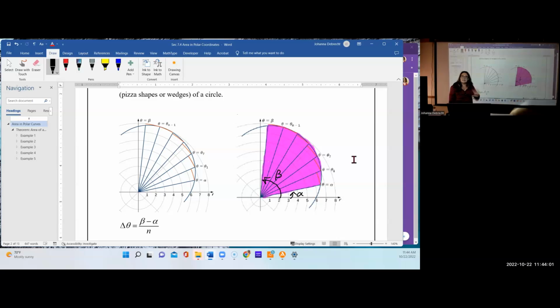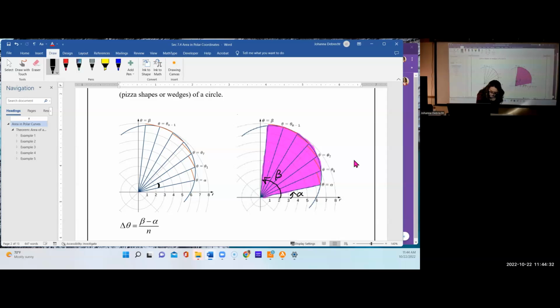The formula is exactly what it was in the Riemann sum. You take the ending point where you're integrating to minus the beginning point where you're integrating from, and you divide by the number of sectors that you want. So instead of b minus a over n, we have beta minus alpha over n. And that tells us the width of each angle in each individual sector. So this little measure right here, let me mark it over on this one.